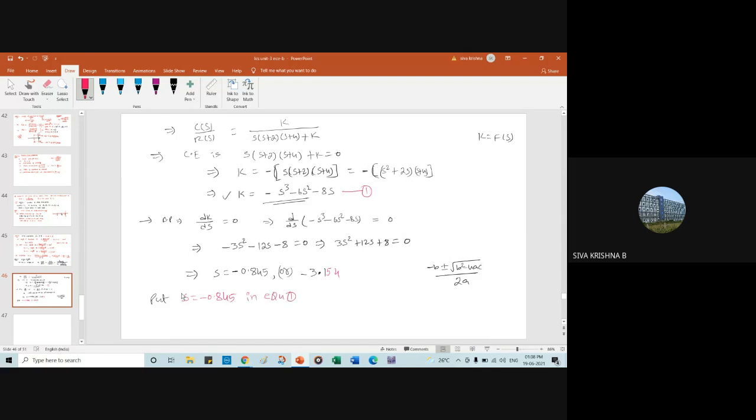If you get K value positive, then that is a valid breakpoint. Similarly, check by putting s equals minus 3.154. If K is positive, then that is also a valid breakpoint. If the K value you get is negative, then that is not a valid breakpoint. Substitute both these s values in K.